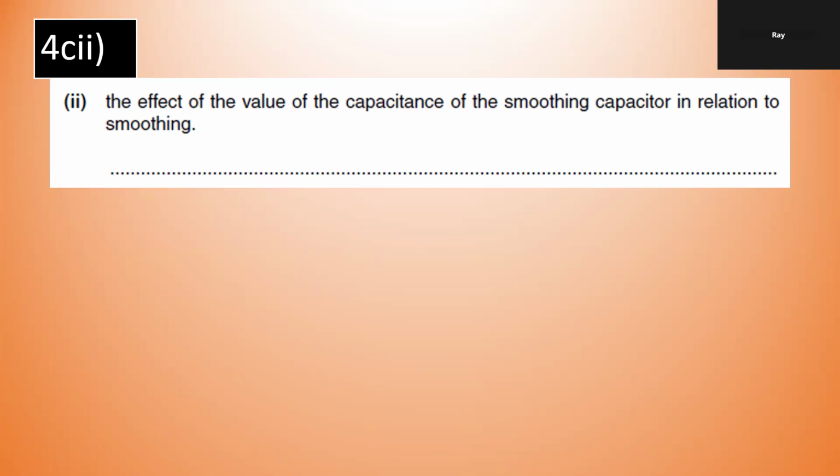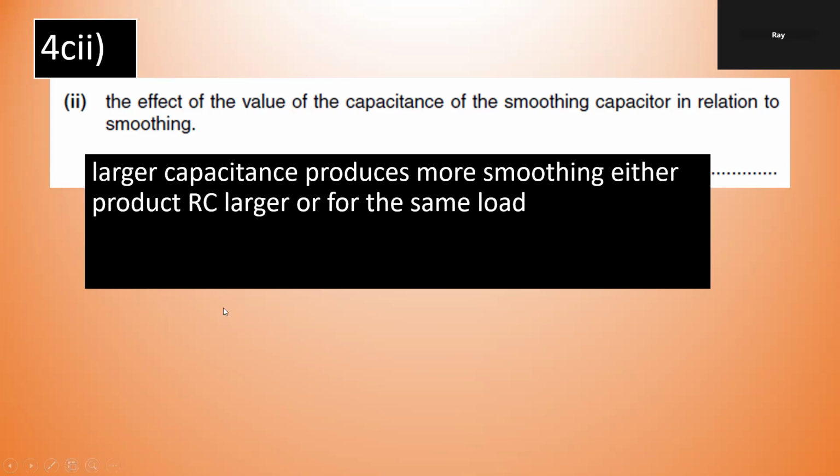Larger capacitance produces more smoothing, or you can say that the product of RC is larger for the same load. The time constant is large. Okay.